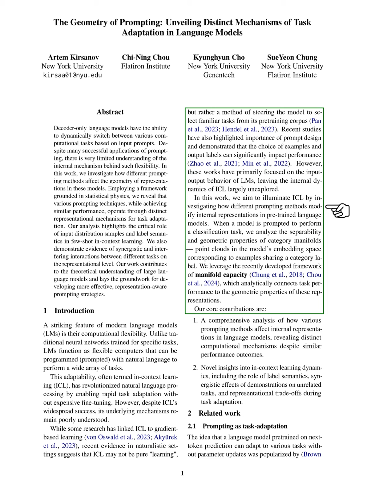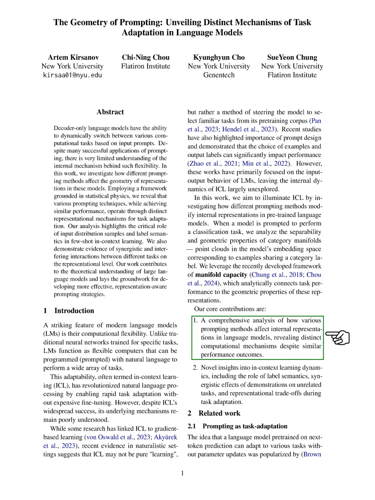When we prompt a model for a classification task, we will analyze how well separated and geometrically structured the representations of different categories are within the model's embedding space. We will use a framework called manifold capacity, which connects task performance to the geometric properties of these representations.